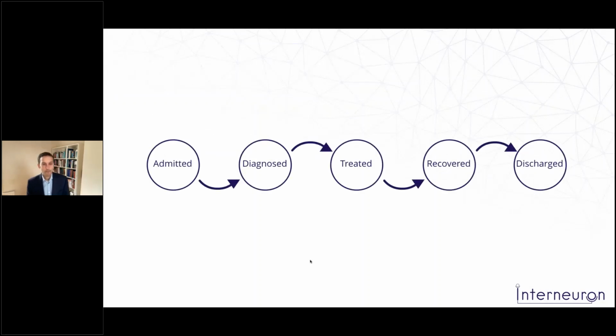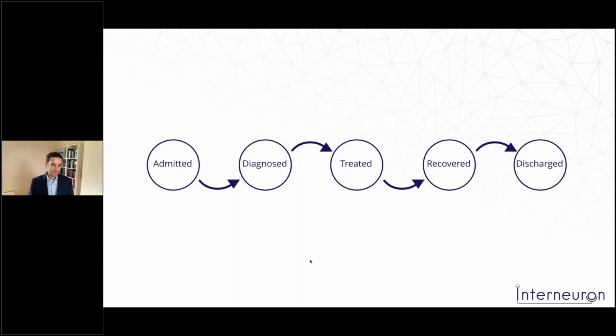Just to define a patient pathway, obviously patient pathways are very different. They vary hugely from medicine to surgery, and even within medicine, from respiratory to gastro. There can be lots of different pathways. However, there are general hooks, we can call them goals, that are always present regardless of the pathway.